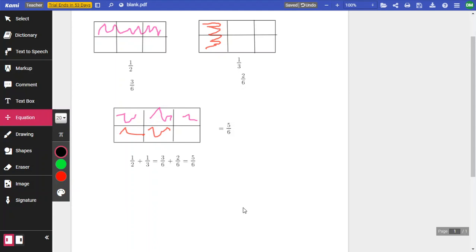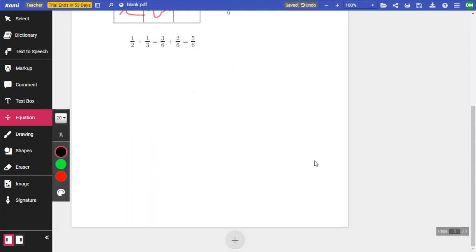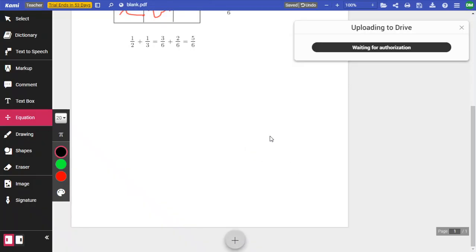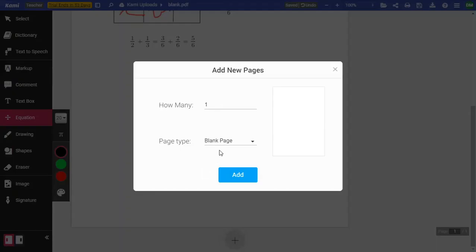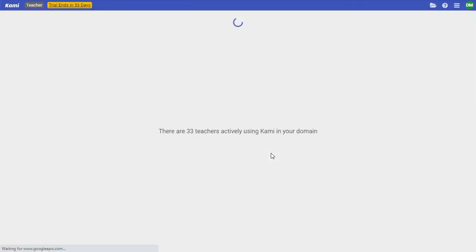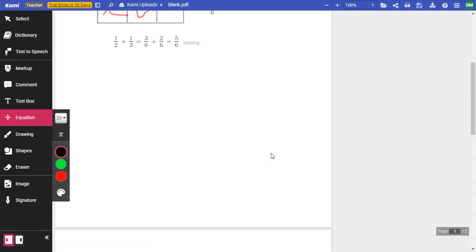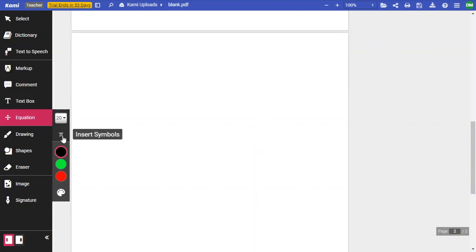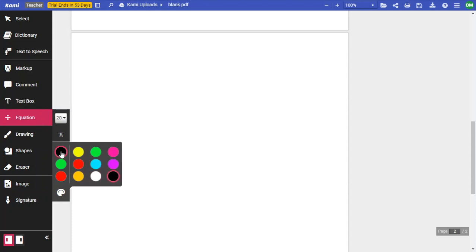Okay, let's do another example here. Let's start a new page. Okay, we've got a new page. New page, new problem. This time let's do some subtraction. And it's going to work the exact same way as addition.